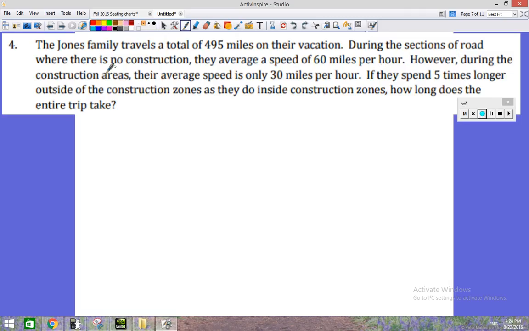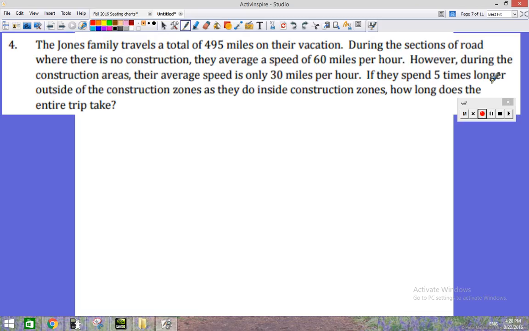And then on the construction area, you've got to slow down legally, and plus there might be traffic congestion, and the average speed is significantly slower, 30 miles per hour.